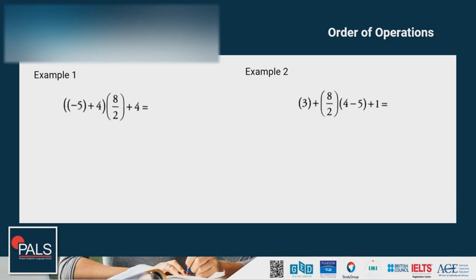The first thing that you need to do is identify the operations involved. As you can see, there are multiple operations involved. So remember the acronym PEMDAS, and then identify which one you need to solve first.